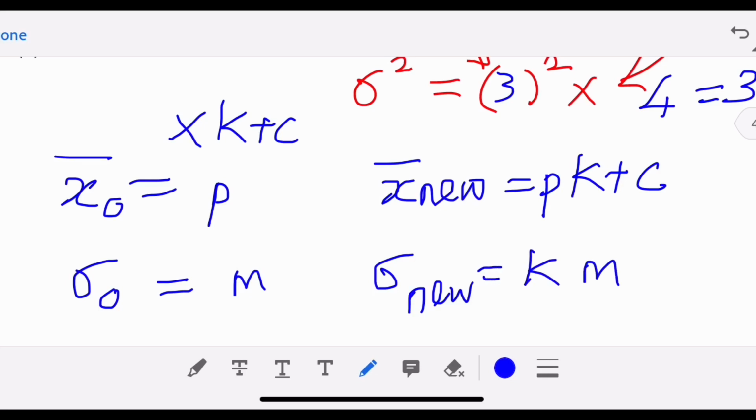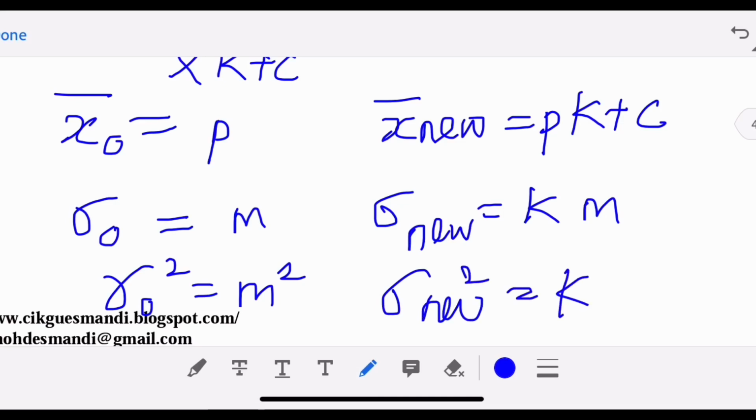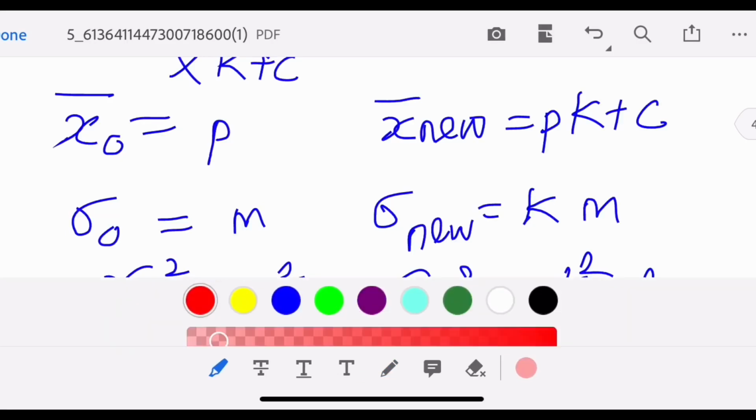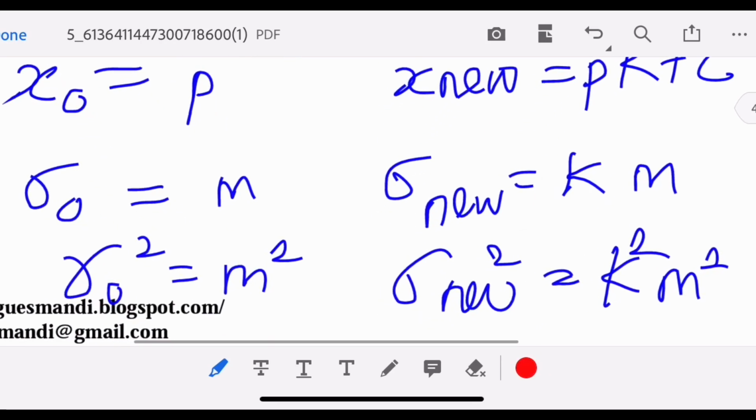But for standard deviation, it's just affected by the number you multiply. For example, your standard deviation originally is M, which is unknown. So for the new one, you take K times M. K is the number that you multiply by the original data.